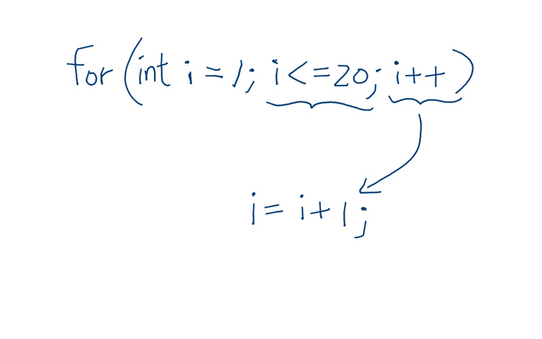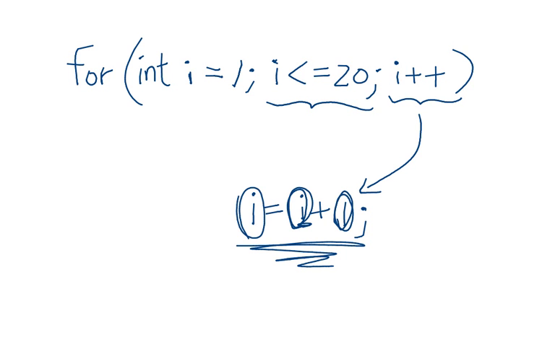And I equals I plus 1 basically says take your current value of I, add 1 to it, and make that your new value of I. So can everybody see? If I have I starting at 1, the next time through, it takes that value of 1 and adds 1 to it, and now I becomes 2. The next time through, it takes the value of 2, adds 1 to it, I becomes 3, and so on and so forth.